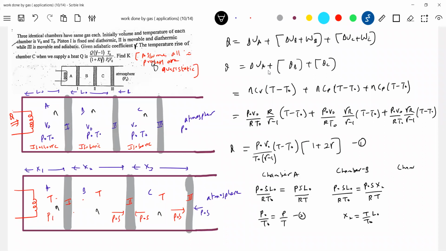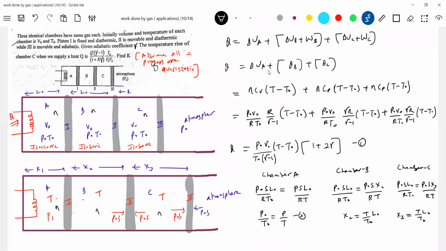Chamber C. P naught S L naught RT naught equals P naught S X3 RT. X3 is equal to, okay, I have this much information. So X2 equals X3, I'm getting.